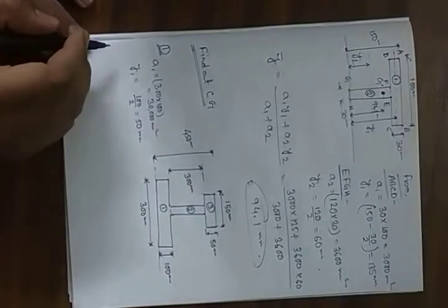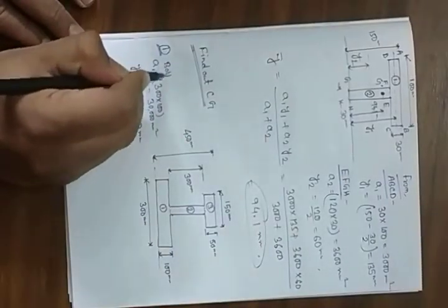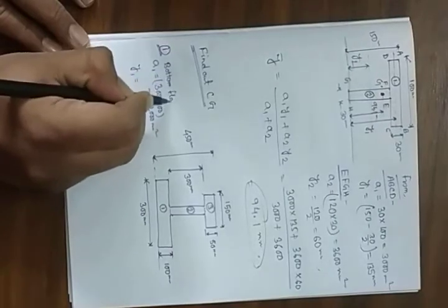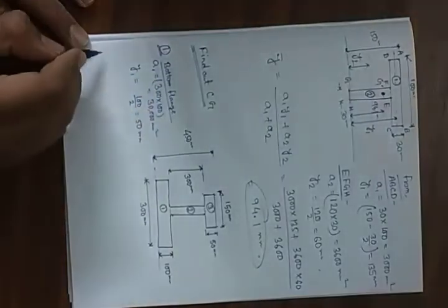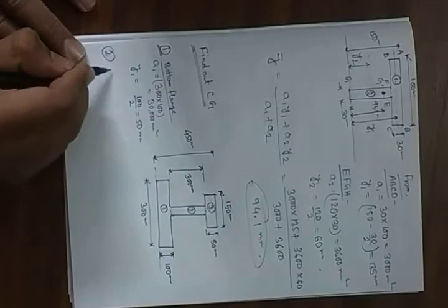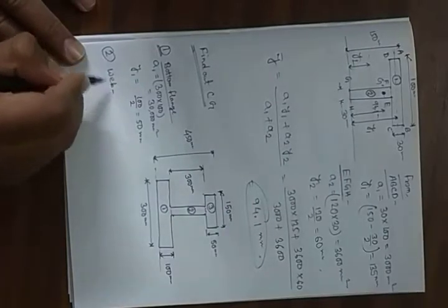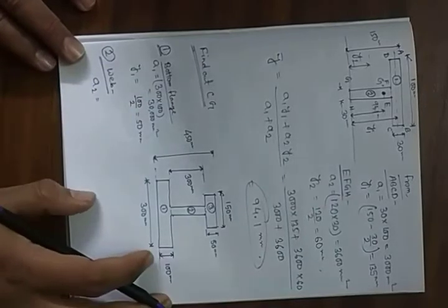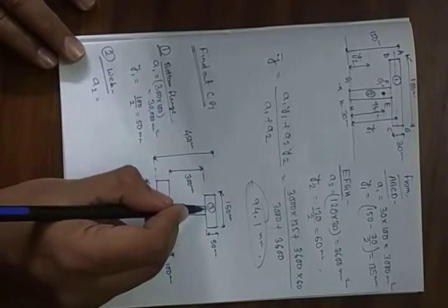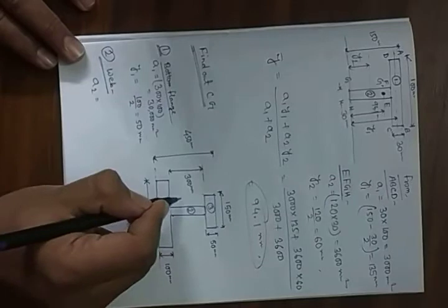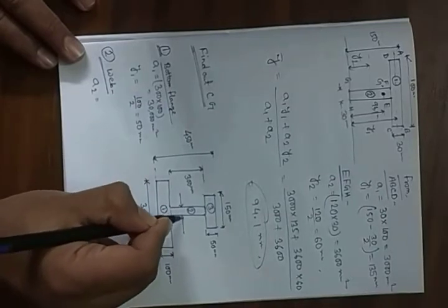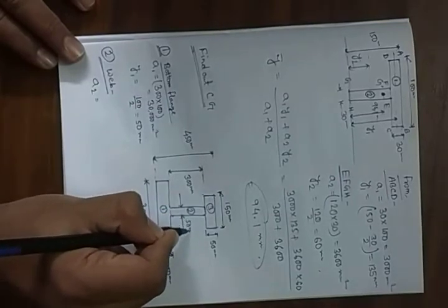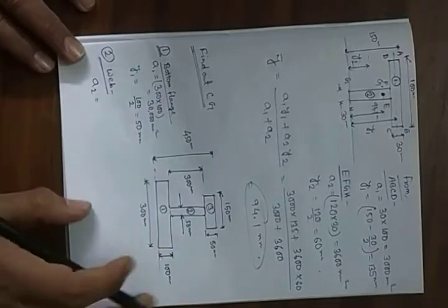Now take the web portion. That was for the bottom flange. Now section number 2 is the web. In case of the web, what will be our A2? A2 is this portion. The thickness of the web is 50 millimeter; this will be given in your problem.